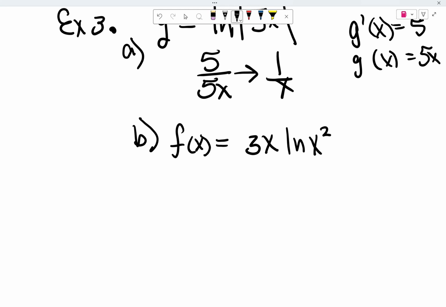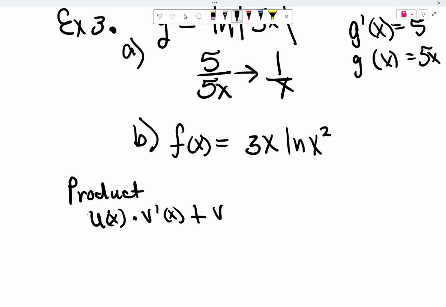Let me take you back to the product rule if you don't remember. Just to remind you, in the product rule, we have u of x times the derivative of v of x, plus the v of x function times the derivative of the u of x function.